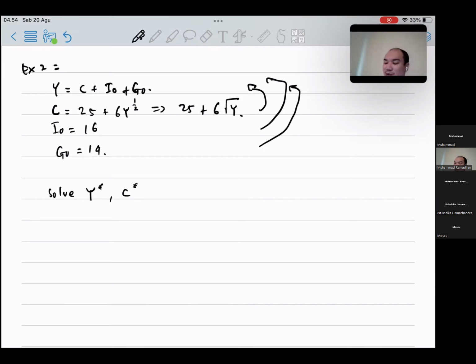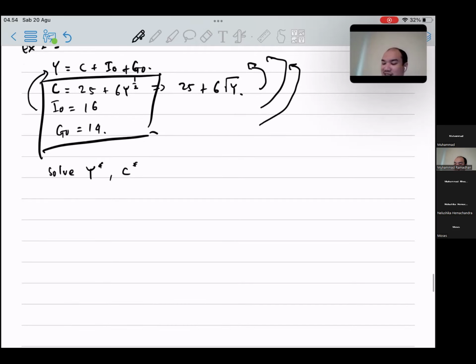So put all of them into y. It's easy. So y equal to 25 plus 6y to the power of half plus 16 plus 14, and y equal to 6y to the power of half plus, this is 30, 55.